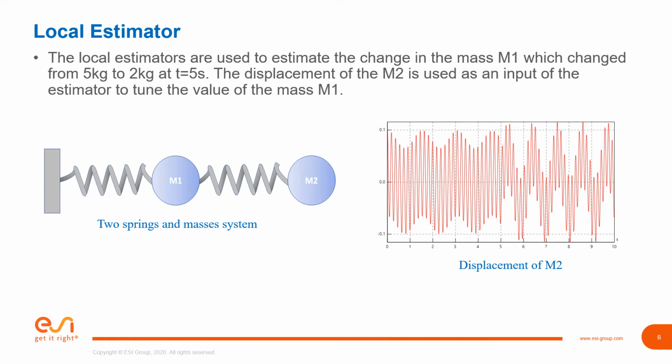We change the value of mass 1 from 5 kilo to 2 kilo at the time t equals 5 seconds. And we take the displacement of the second mass as output of the system or as a measurement. You can see here from the displacement of the second mass that the pattern of the oscillation is changed after t equals 5.